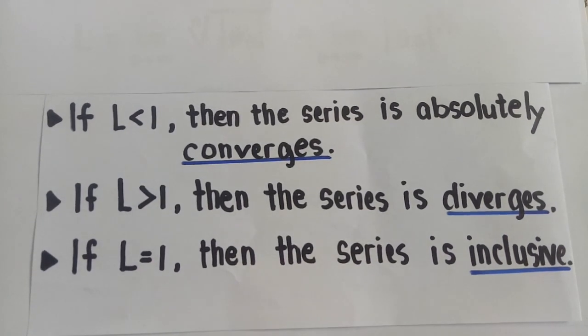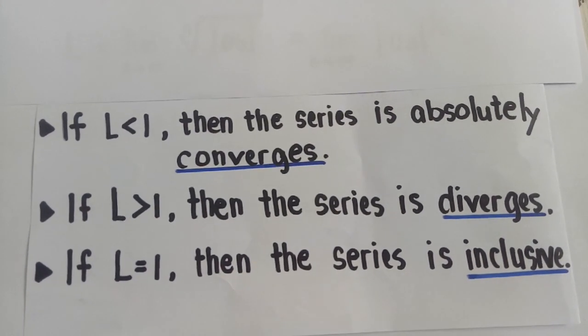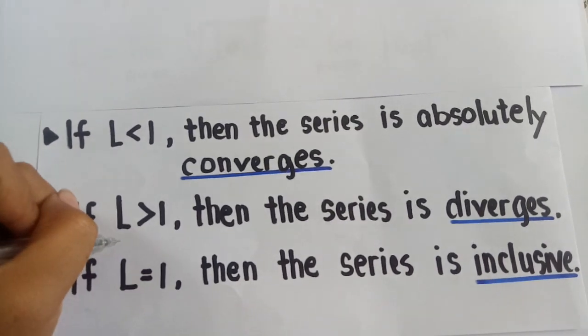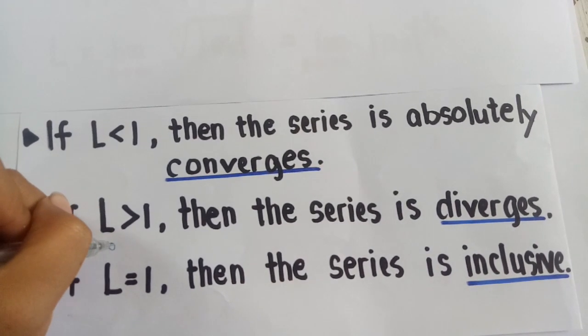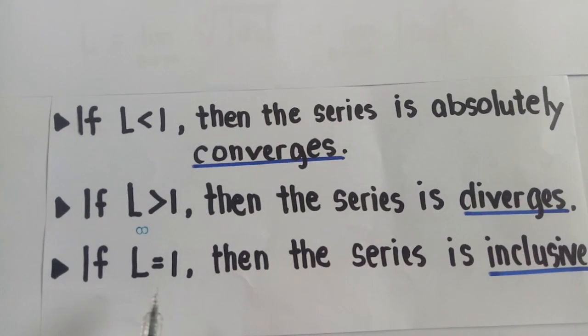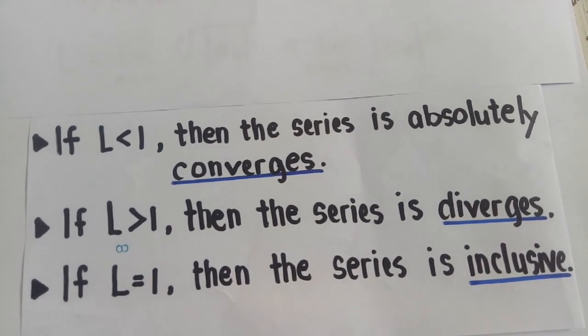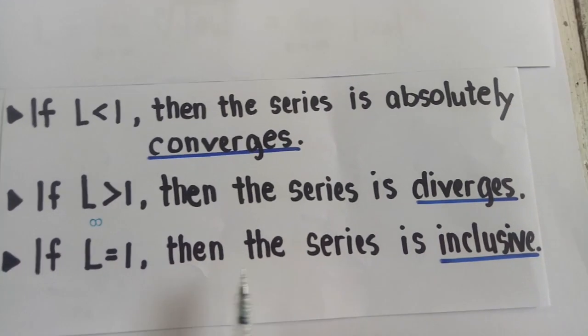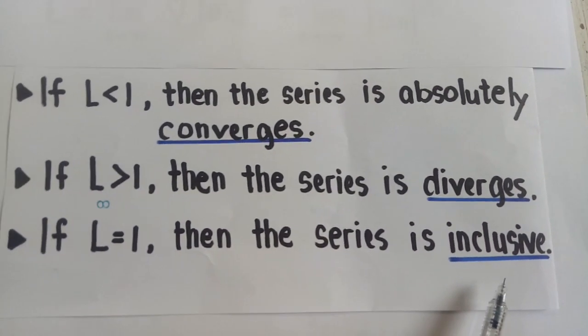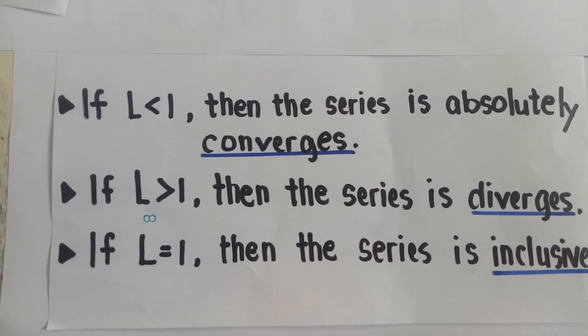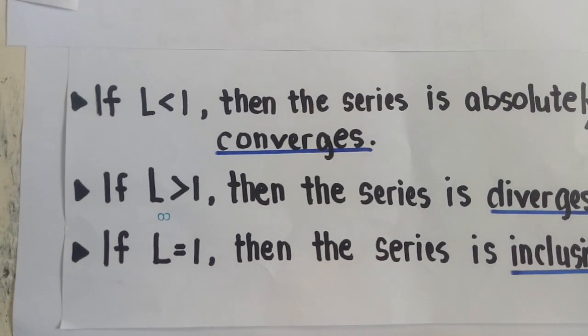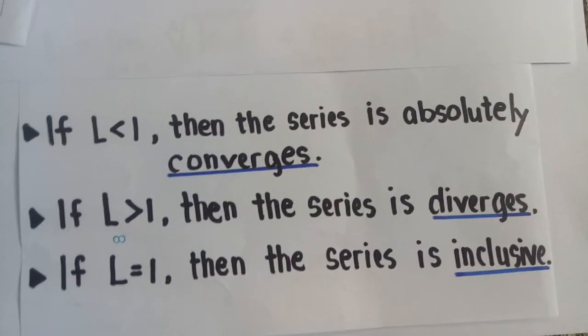The second one: if L is greater than 1 or infinity, then the series diverges. And the last one: if L is equal to 1, then the test is inconclusive. That's what we need to know for the root test.